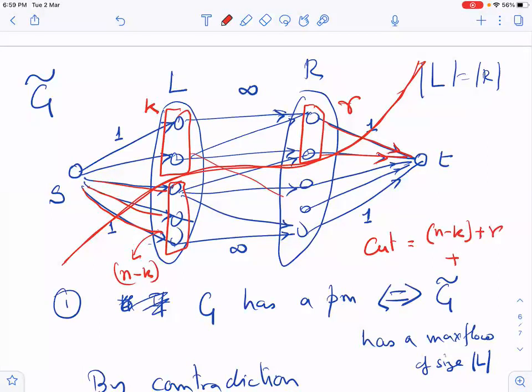I might be cutting some edges over here. I'm counting the cut, which is basically the number of edges it is cutting. It is cutting some edges over here, some edges over here, and then some edges like this from the S side to the T side. How many edges is it cutting here?